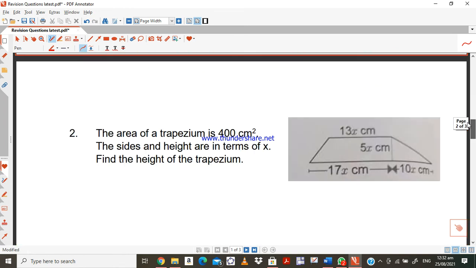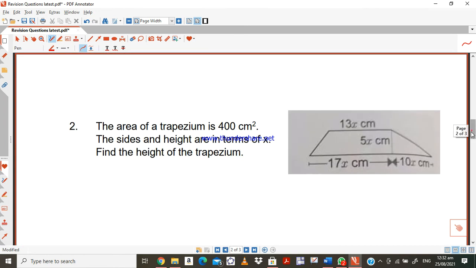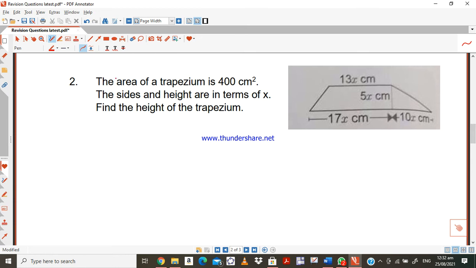Let's look at the next one that we have. So we have got a trapezium. So I hope you remember that the formula to calculate the area of a trapezium is half the sum of the parallel sides multiplied by the height. So when you look at this particular trapezium, then you know that the area is given to us as 400 square centimeters.